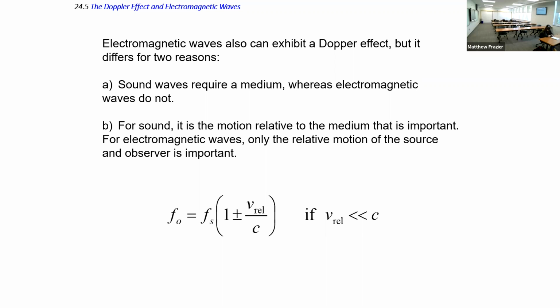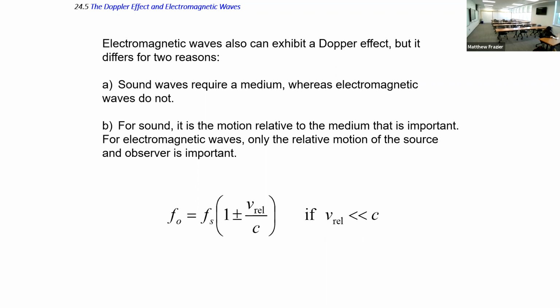But it becomes unclear what we mean by the velocity, because when we talk about the velocity of stuff moving for sound Doppler shifts, sound required a medium. And so the velocities were always relative to the medium. It was measuring your speed relative to the air.